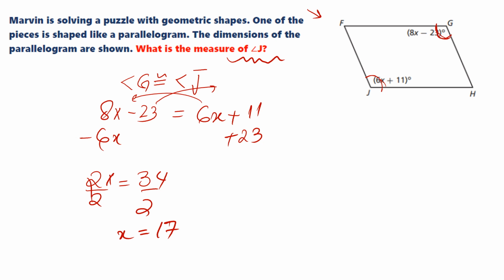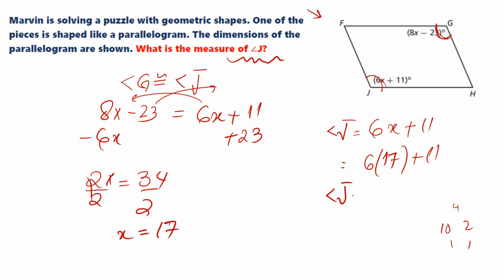Now we have to find angle J, and angle J is 6x plus 11. So substitute x by 17: 6 times 17 is 102, plus 11 gives us 113. So angle J is equal to 113 degrees.